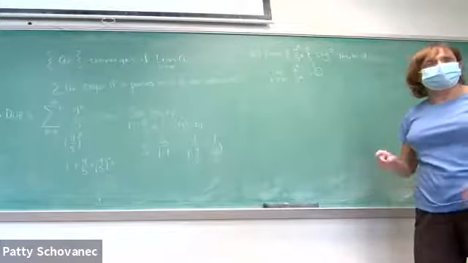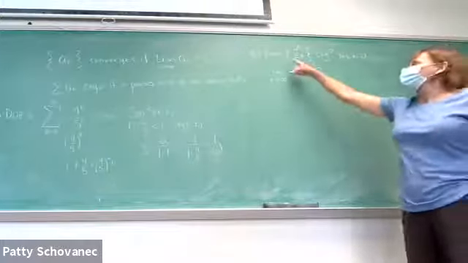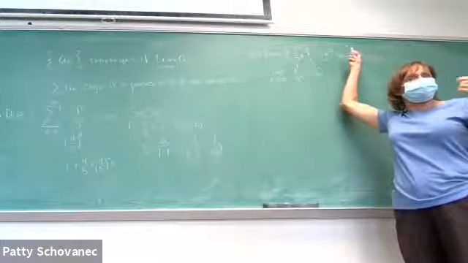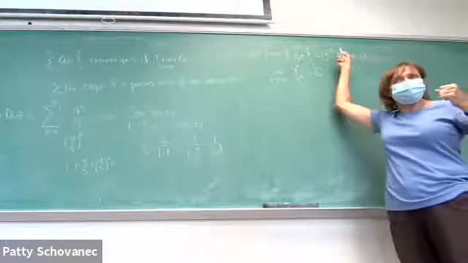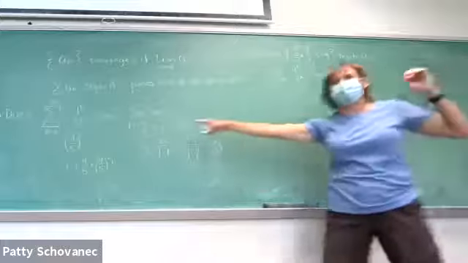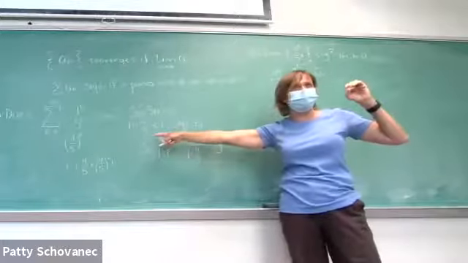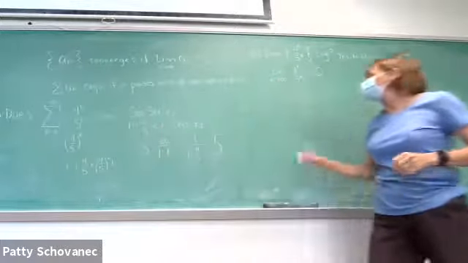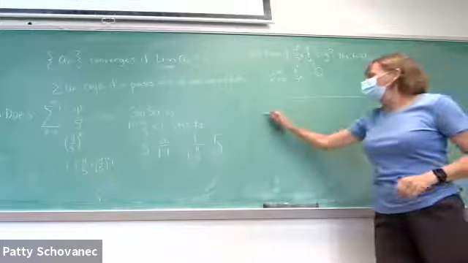Okay? Now, we've had the ones where the sequence converged to something that wasn't 0. So if the sequence goes to something other than 0, the series has no chance of converging if it has the same term, right? The example that I'm thinking of was something like this.